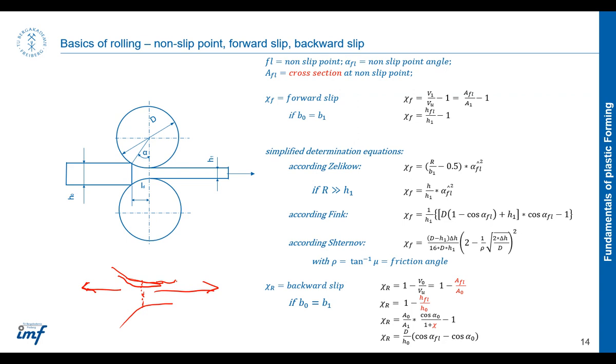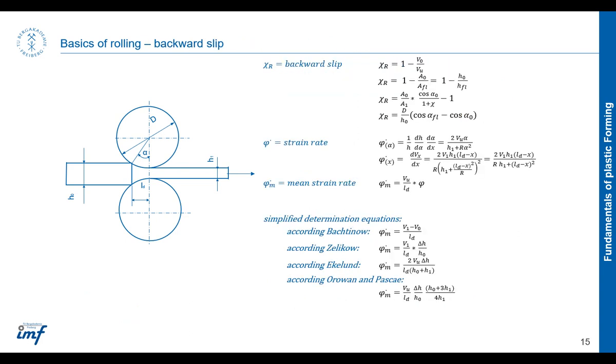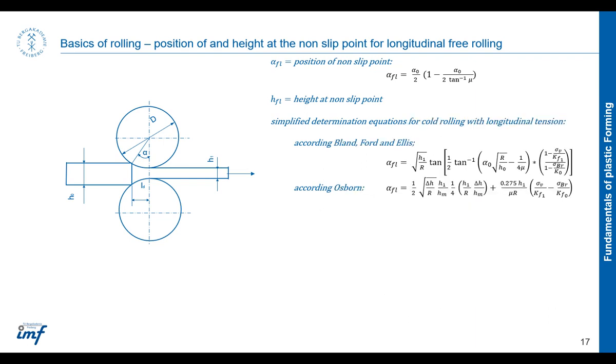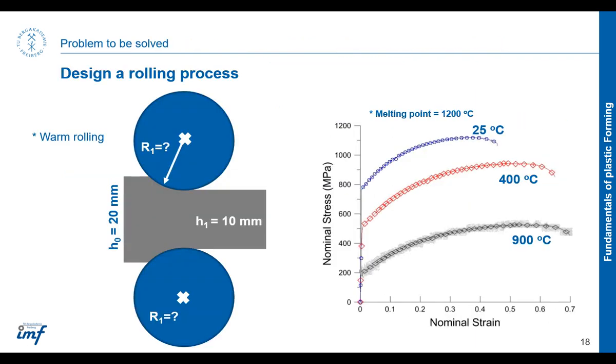And there are simple formulas given to calculate these, which are provided here. And then there are other methods which have correction factors given by people, which we can use to calculate it in more detail and more accurately with certain conditions and so on. And then there are formulas for strain rate and mean strain rate and so on, which we don't want to talk about, and we directly want to reach this point here.